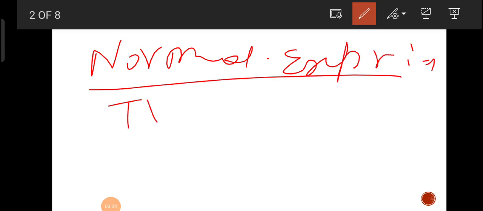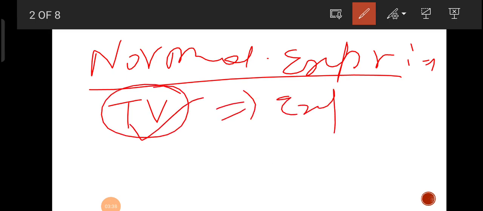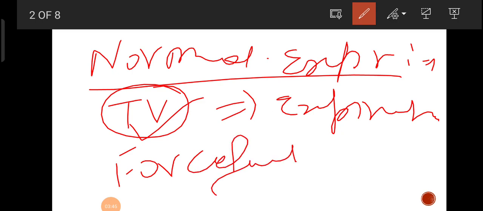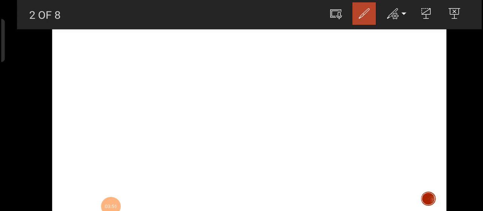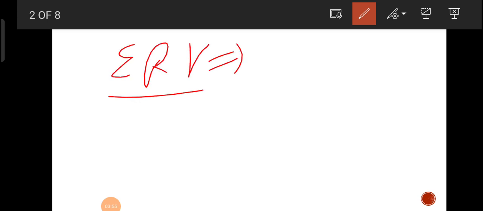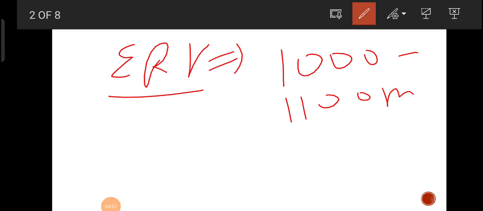First there is the normal expiration, equal to the tidal volume, and after that forcefully, remember again the word forcefully, the amount of air which we exhale is the expiratory reserve volume, about 1000 ml to 1100 ml.